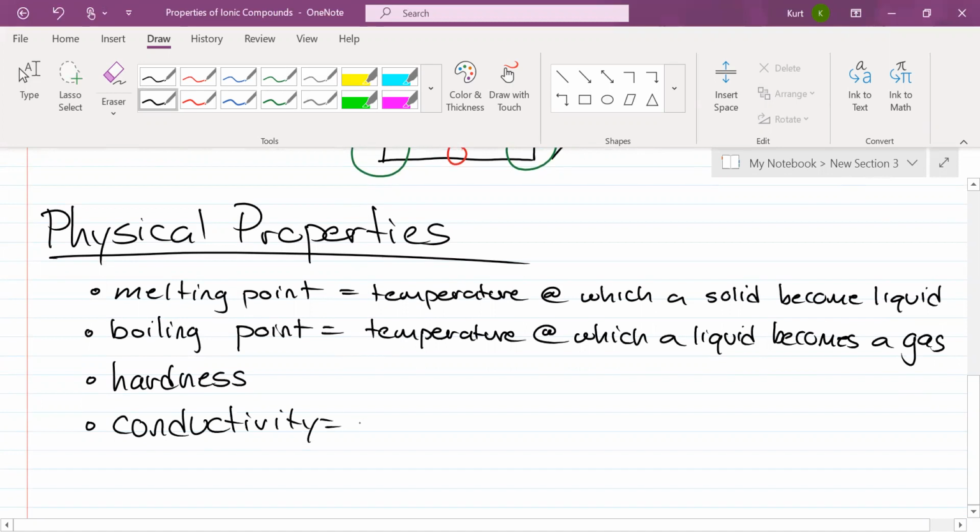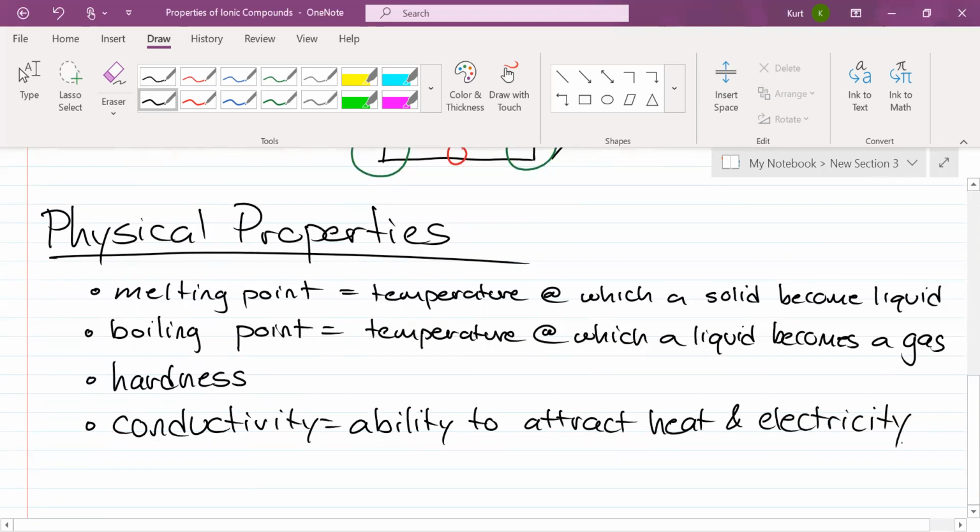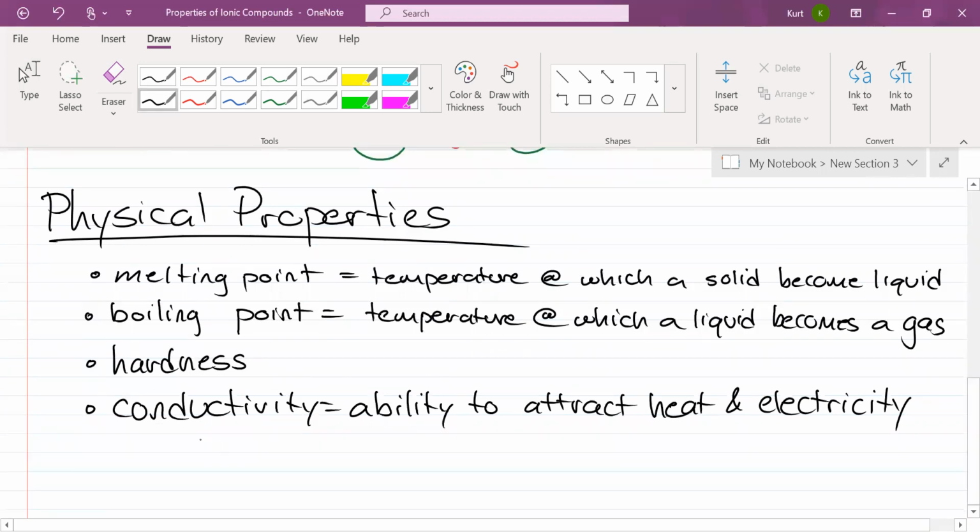This is the ability to conduct heat or electricity. Typically, in order for an ionic compound to conduct electricity, it needs to be in the liquid state. Or here's a new word you haven't heard before, aqueous. Aqueous means dissolved in water.